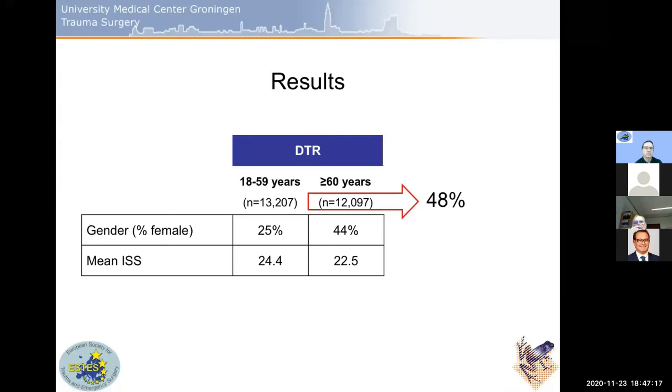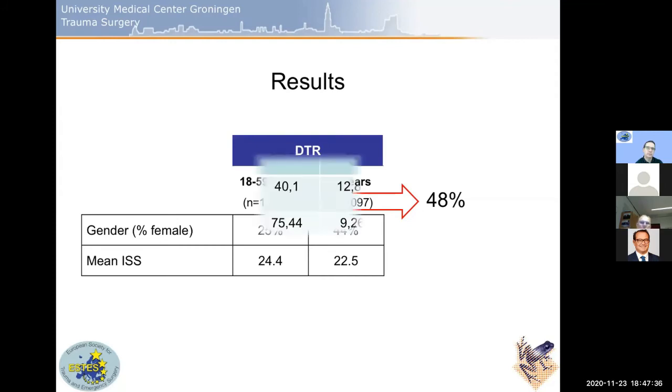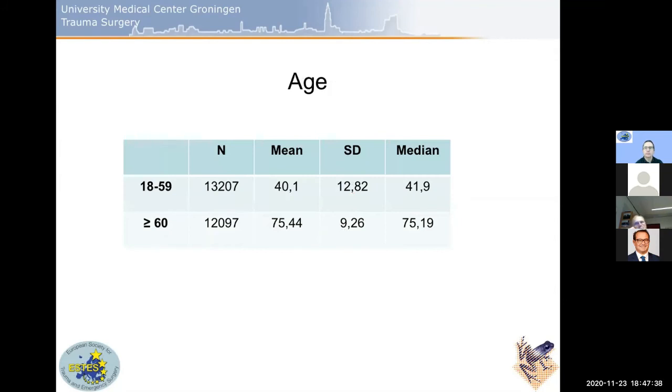The difference between the older and the younger group is that in the younger group, 25% are female, but in the older group, almost 44%. The mean ISS is about the same.